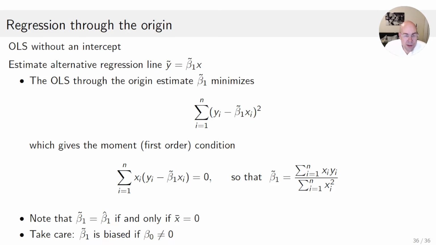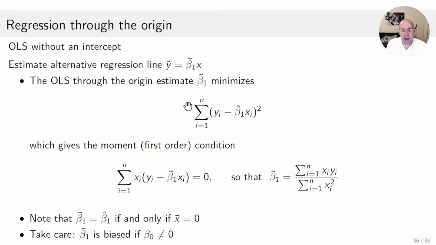So we can also think about running OLS without an intercept. That would be the alternative regression line y tilde equals beta 1 tilde x. And then we're basically doing the same thing, but we're setting beta naught equal to 0, and then we're repeating the whole exercise.